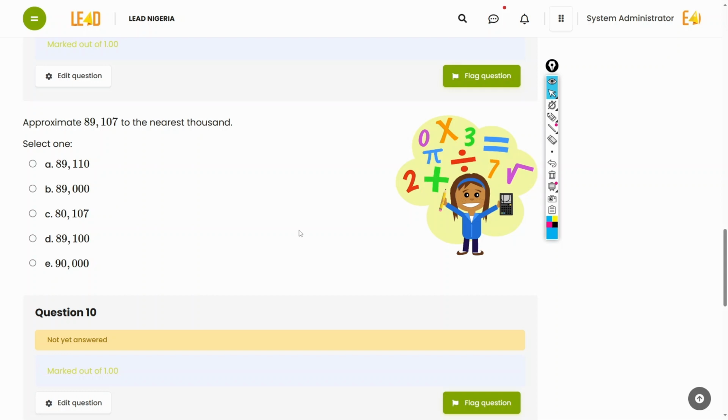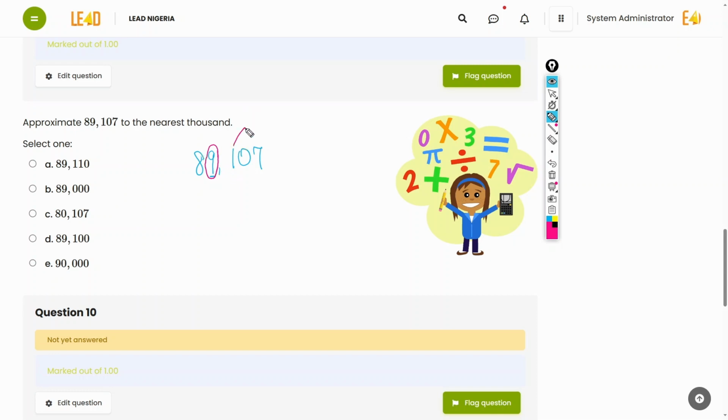Approximate 89,107 to the nearest thousand. So we are going to be rounding. This is our target here. That's the 1000 position. We are rounding here, and we'll test the digit to the right.